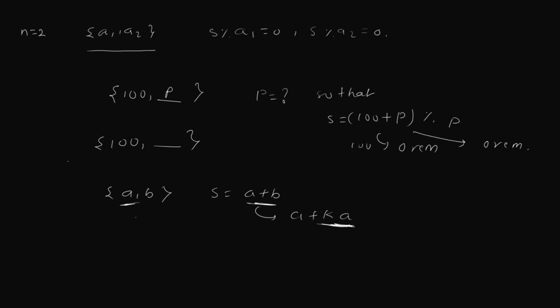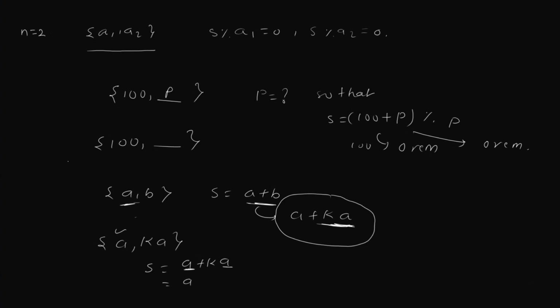Why should this be? Let me clarify that. Suppose we have the second element as a multiple of the first element, let's say k times a, then we would have the sum a plus ka, and as we have a in both terms, that means it is divisible by the first element.